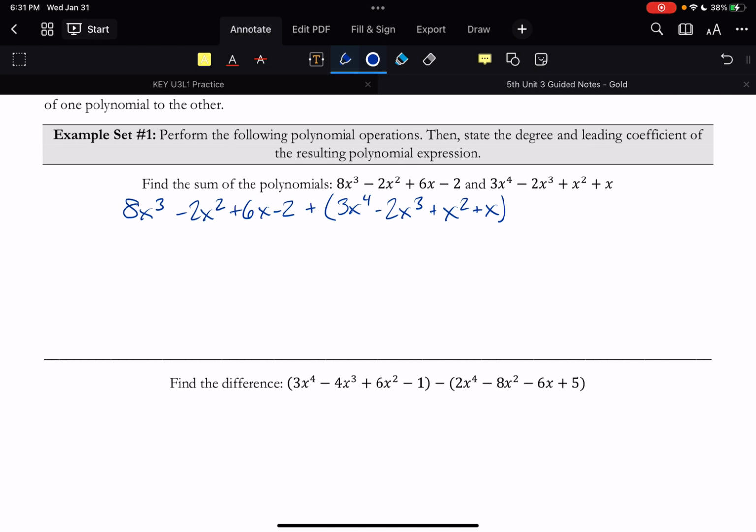But we know that because it's positive, then we're adding it, that there's not going to be any sign changes to that. So now I'm just going to go and I'm going to combine my like terms. So I see that I have 8x cubed and negative 2x cubed. I have negative 2x squared and positive x squared, and I have 6x and positive x.